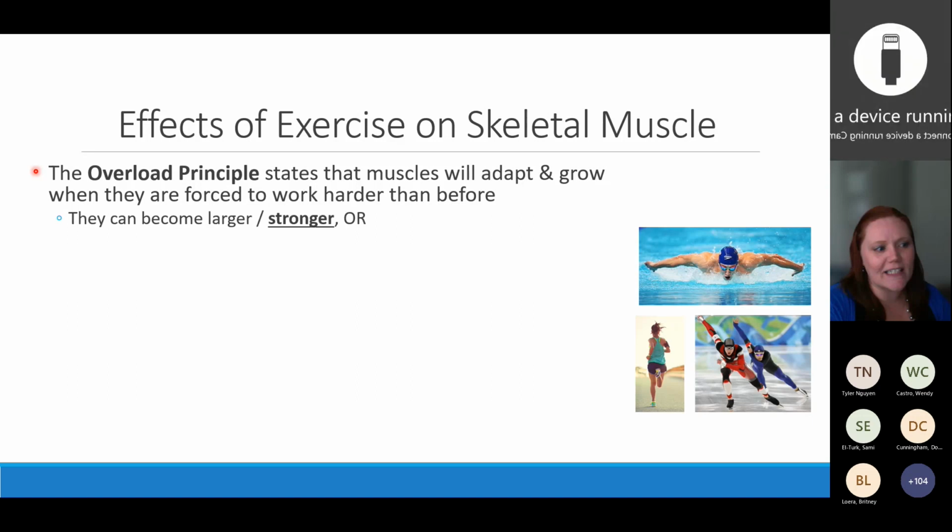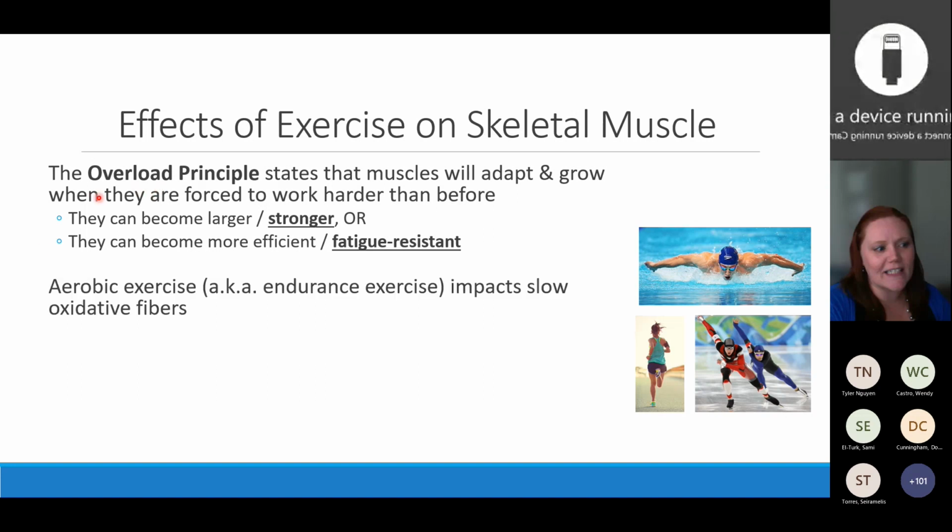So when we're doing extreme exercise, training for the Olympics, for example, we will either build muscles that are larger or stronger than what we started with, or we're going to increase the fatigue resistance of our muscles. So we're going to make them use their ATP more efficiently, or we might help them build more ATP as we're overloading them, as we're pushing them farther than before.